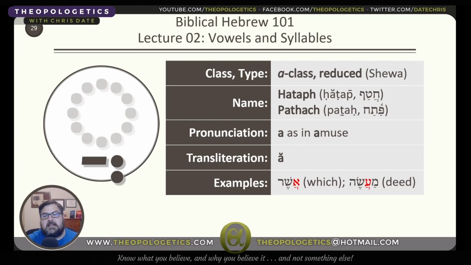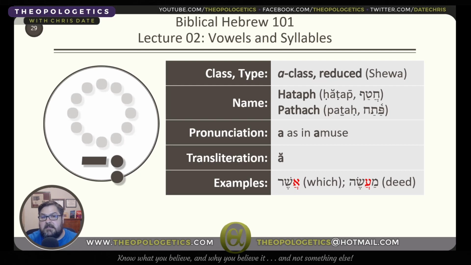But this is pronounced like the A in amuse, and it's transliterated with an A that has a little downward half bowl under it, or above it. Examples of words that have this vowel in it are asher. If that were an ordinary patach, it would be asher, but it's hurried. It's chataf, so it's asher. And another example is ma'aseh.